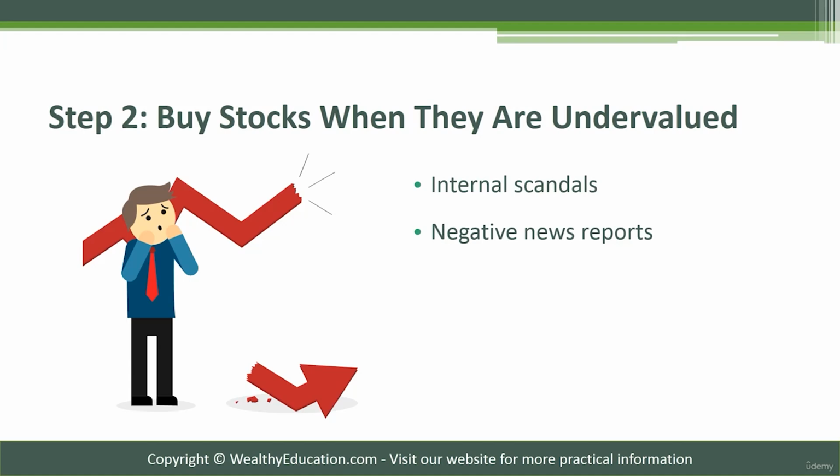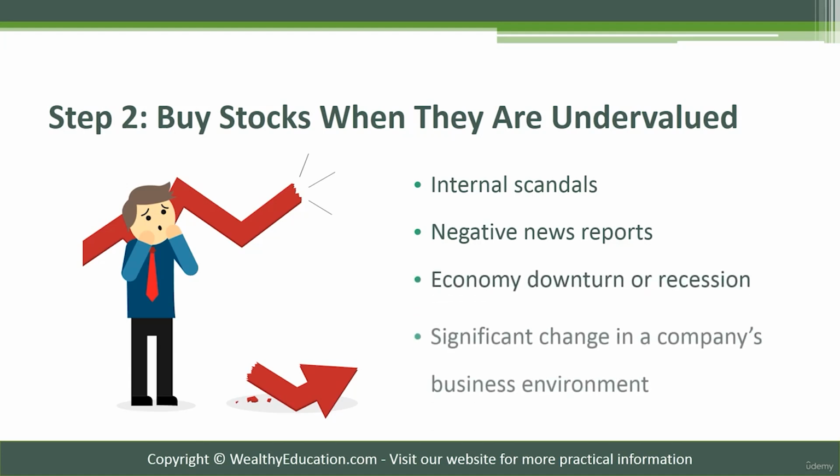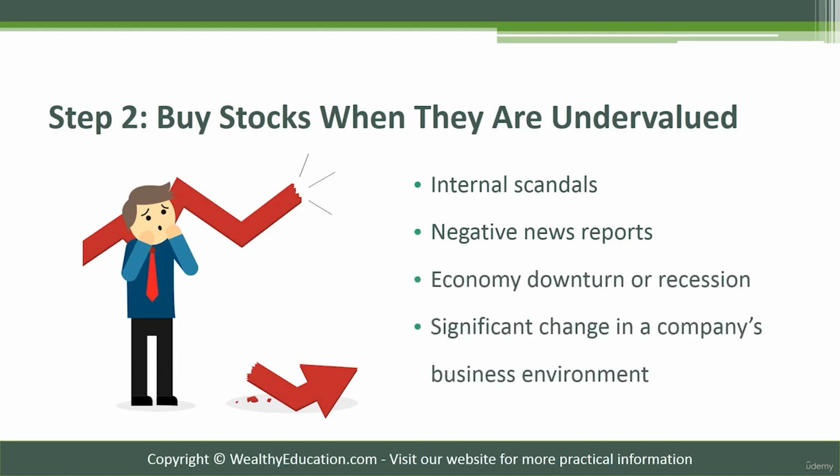If you wait for such occurrences as a company failing to meet its projected earnings, a downturn in the economy, a significant change in a company's business environment, or similar types of bad news, you'll find many great opportunities to buy a great stock at a very low price. These events will likely cause a stock price to drop, and when this happens, chances are it will become undervalued or cheaper to buy. And as a value investor, you simply buy low and then sell high to make a profit.